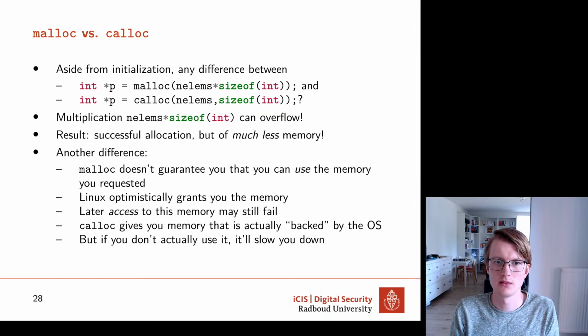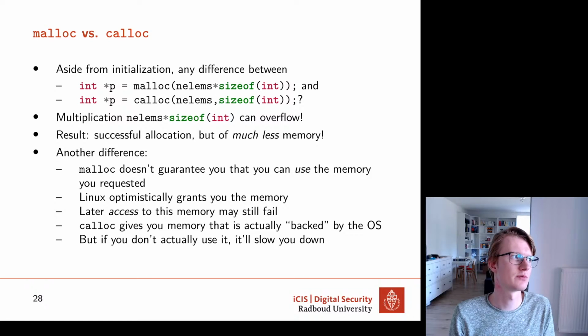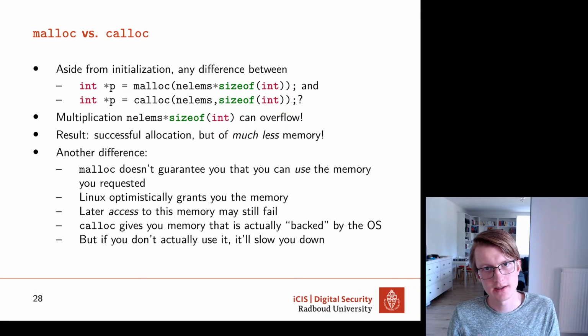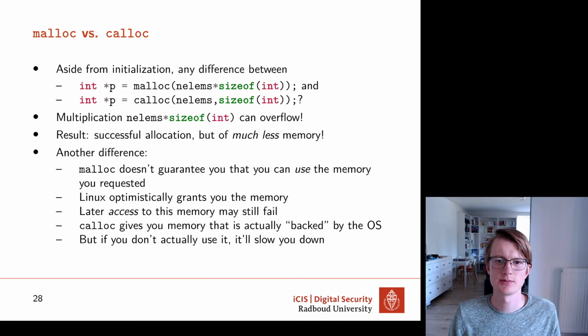Because they implement their own memory management, they figure, okay, I will never use more than a terabyte, so I will just ask for a terabyte and then do my own memory management in my own process. There it is very useful that it is lazy in this way, but if you later try to access huge amounts of memory, it might still crash.